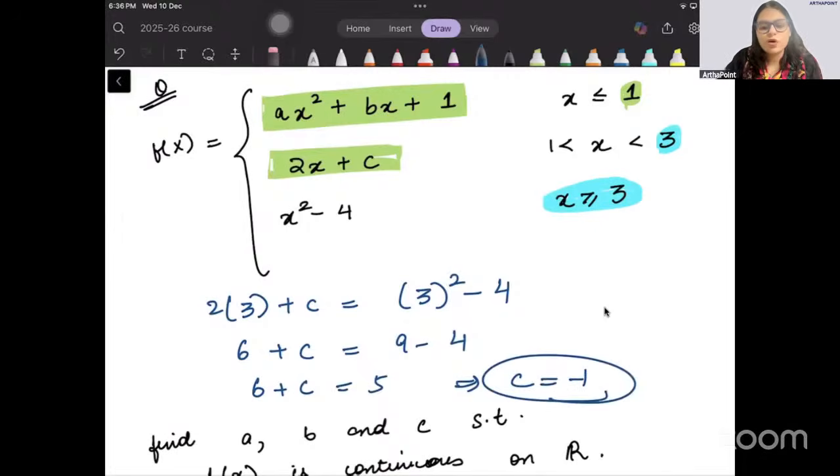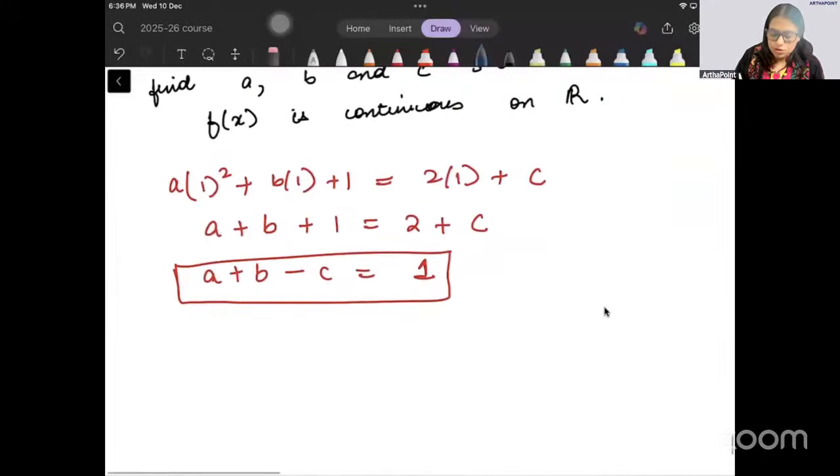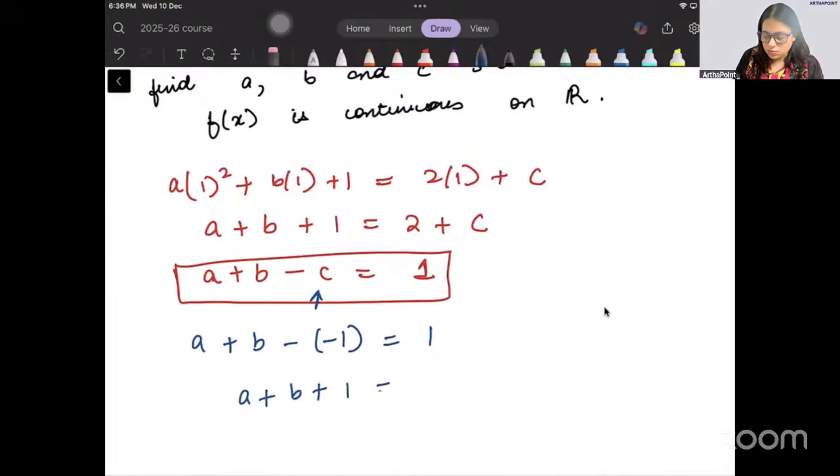So you have got the value of c as minus 1. Now you can just go ahead and put c in the equation. If I put c as minus 1, you get a plus b equal to 0.